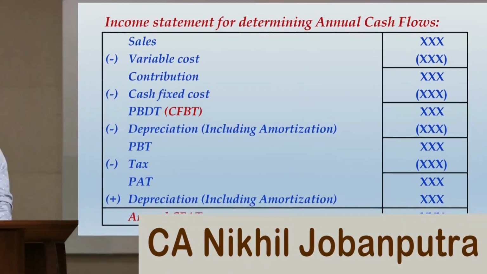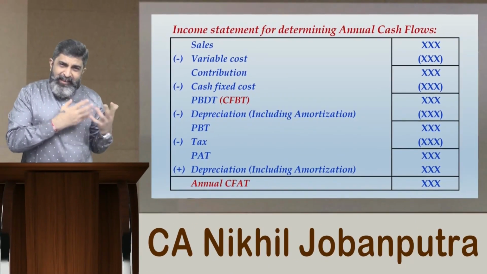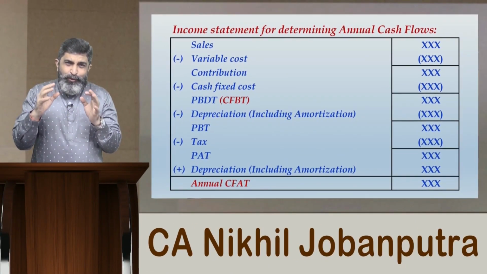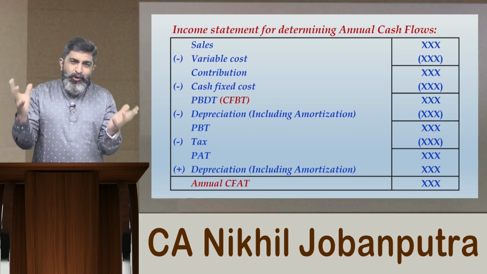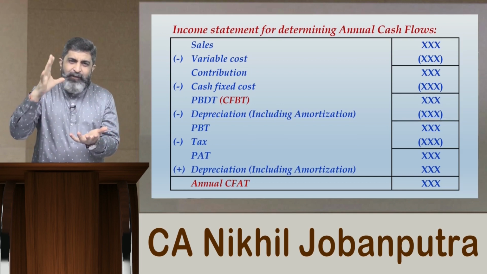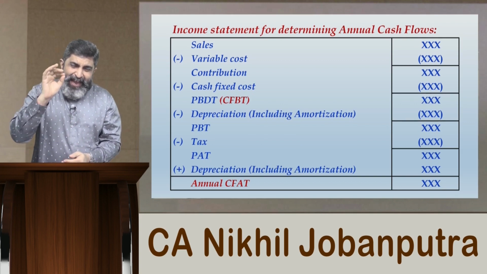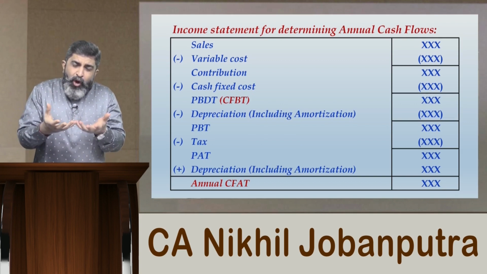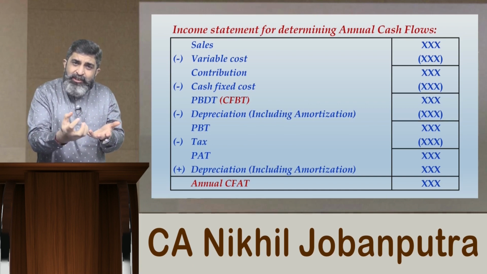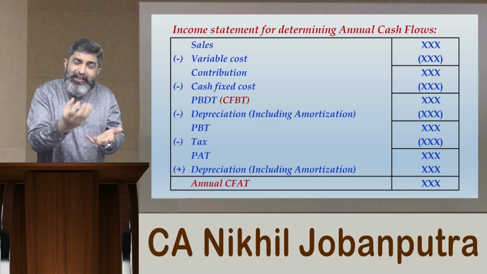And let us now try to understand this income statement, basically to land up at the amount of annual cash flows after tax. Once again, let me tell you, annual cash flows after tax means the amount of cash that a business can generate each year.